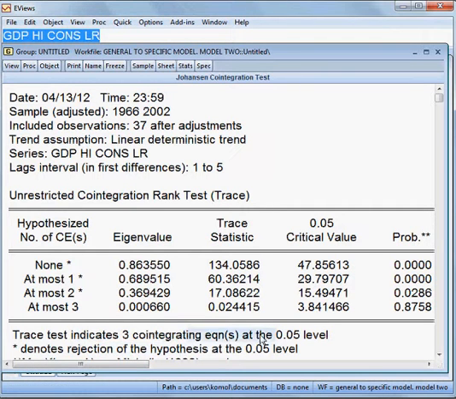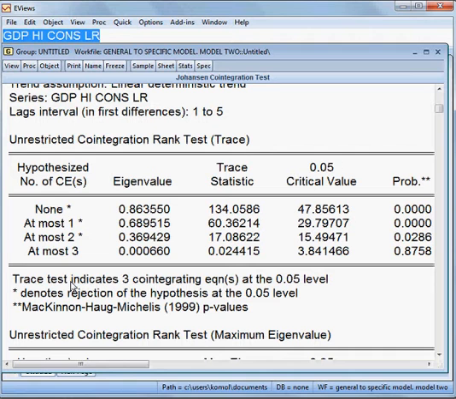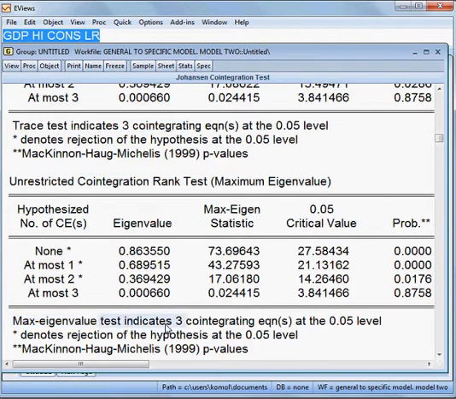One is the trace statistic, and one is the max eigen statistic. The trace statistic is talking about three co-integrated equations, and the max eigen test is also telling about three co-integrated equations, meaning three error terms.